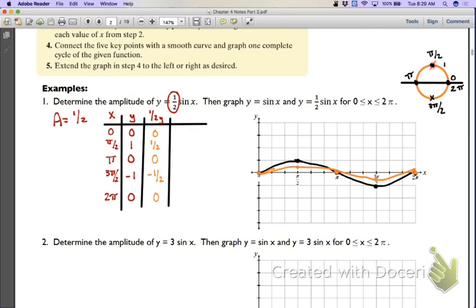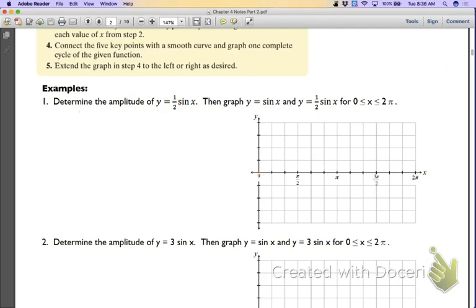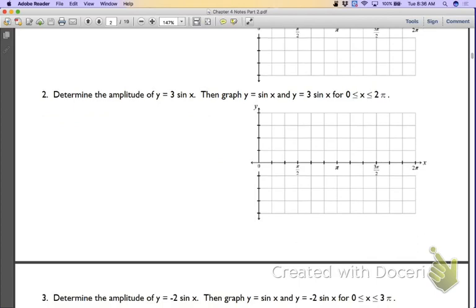But all we're doing here is just taking our original and stretching it out and pulling it at its main points. So like on the second one, where we have amplitude of 3, or find the amplitude of y equals 3 times sine of x.